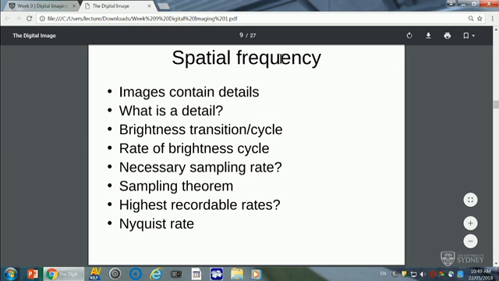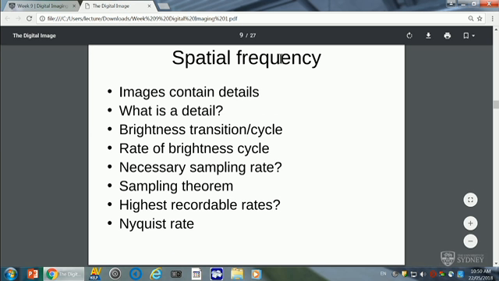So what we need is a sampling rate that is twice the spatial frequency. The spatial frequency is how many cycles per millimeter. How many cycles are we getting per millimeter? I tried to draw that.